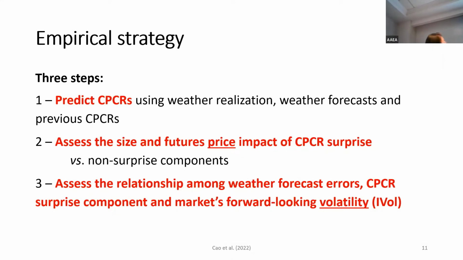And for the third step, we assess the relationship among weather forecast error, the surprise component, and forward-looking volatilities: how much volatility the market will perceive given this price, how much it would hit the confidence of the market, so to say.